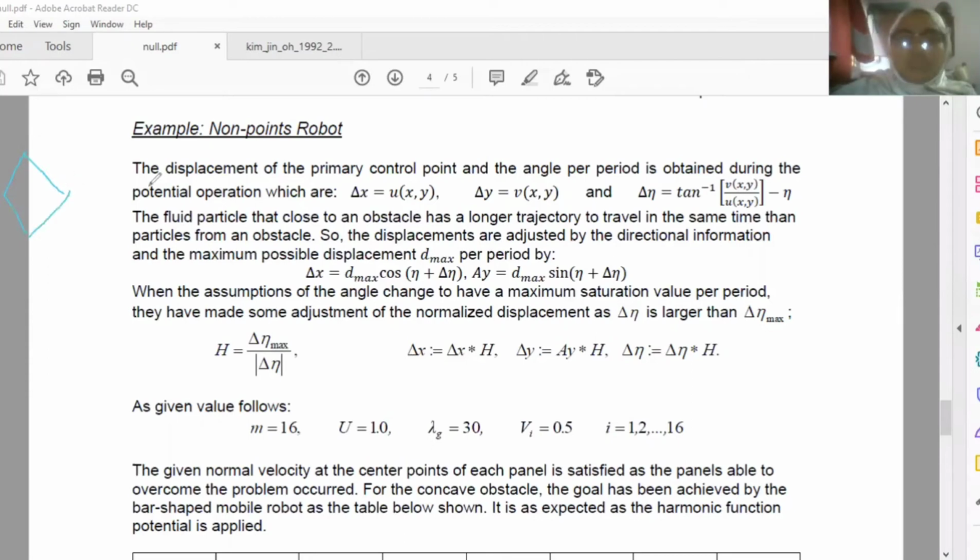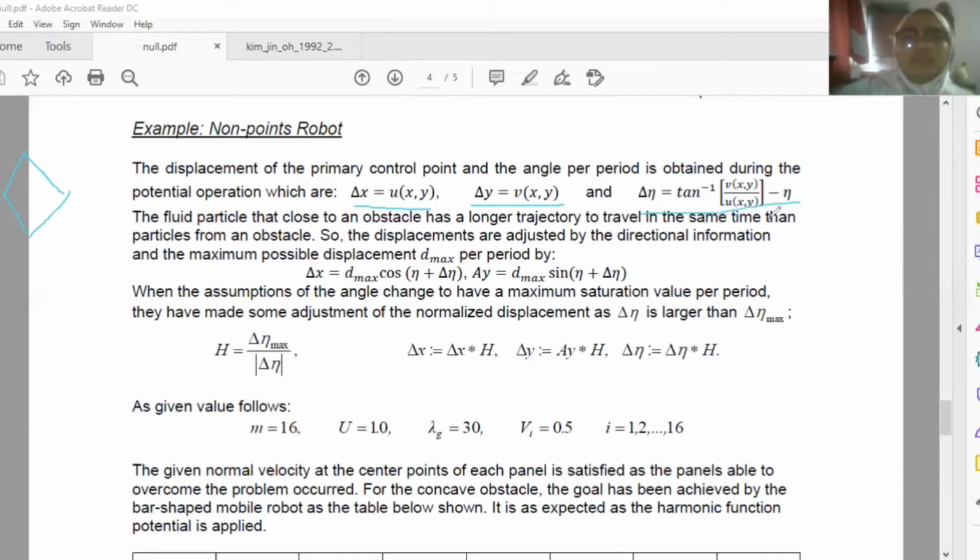You can see the bar-shaped mobile robot, and the displacement of the primary control of the angle per period is obtained during the potential operation, which are delta x equals u(x,y) and delta y equals v(x,y), and delta eta equals tan inverse of v(x,y) over u(x,y), which we can also set as delta eta equals tan inverse of delta y over delta x minus eta.